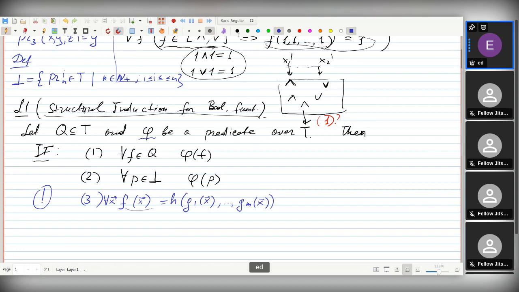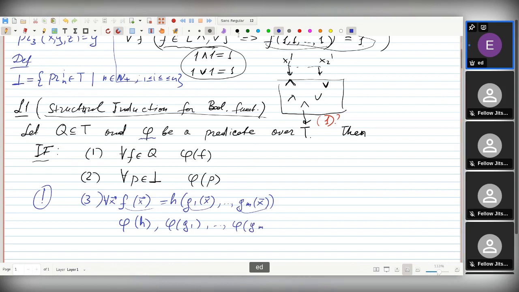So our f is obtained by applying h to the values returned by g1 and so on gm. Is it clear? Yes. Now assume that h satisfies our property phi, g1 satisfies our property phi, and so on.